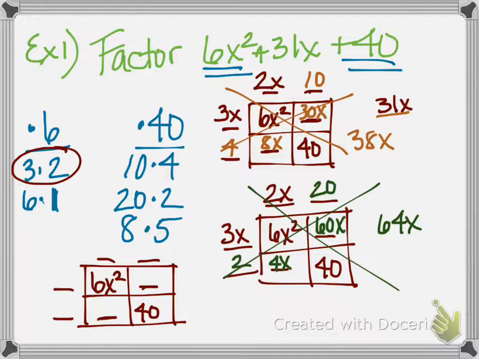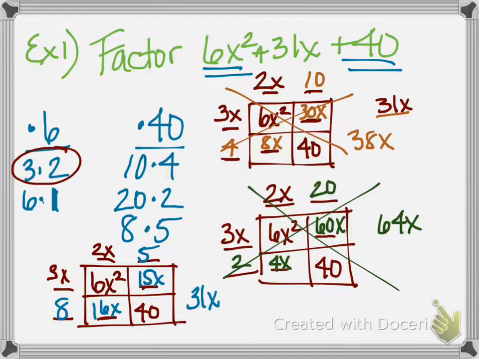All right, so I'm going to stick with the 3x and the 2x, and now I'm going to try the 8 and the 5. So I am going to put 8 here, 5 here. 5 times 3x is 15x. 8 times 2x is 16x. And 15x and 16x is 31x.